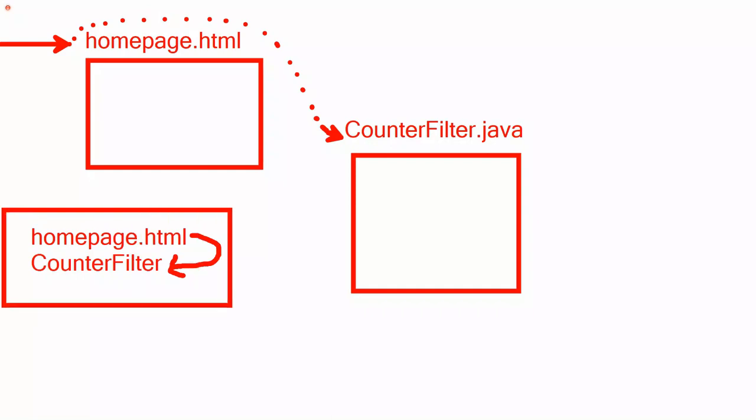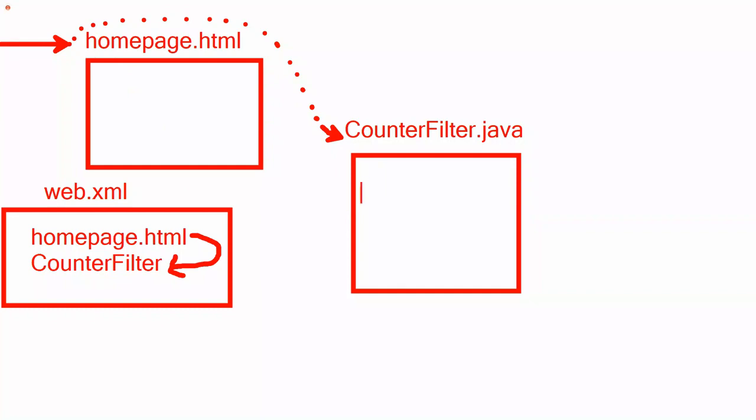This is XML. See, listen here. A request comes to homepage.html. Then in the XML file, we configure: whenever a request comes to homepage.html, divert the control to counter filter. So like this control comes.